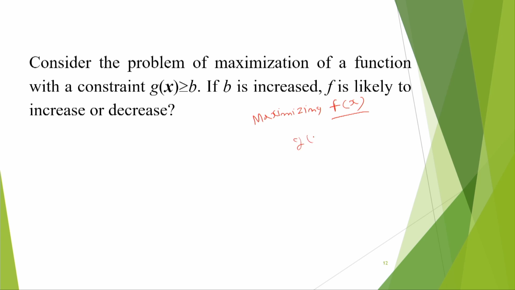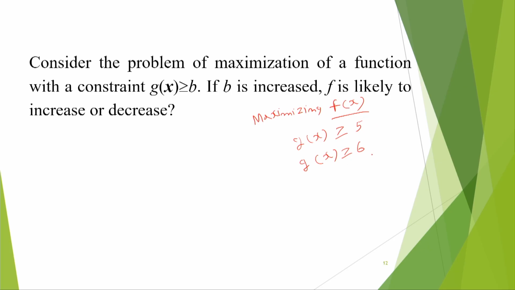Suppose b was 5. So my constraint was that g(x) should be greater than 5. Now I increase it and say no, g(x) should be greater than 6. So which one is the tighter constraint? Which one is more strict? g(x) greater than 5 or g(x) greater than 6?